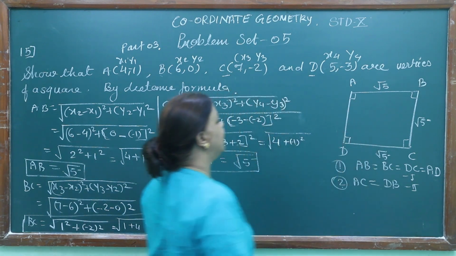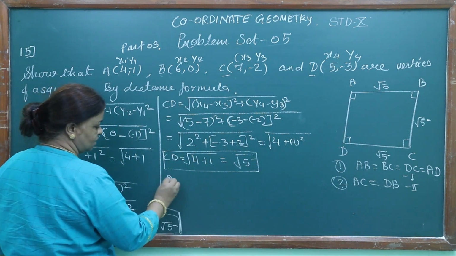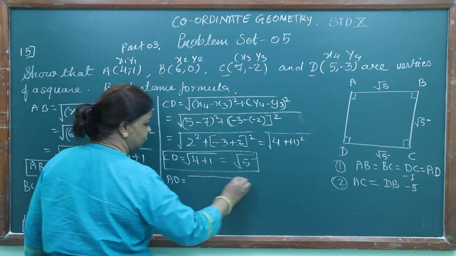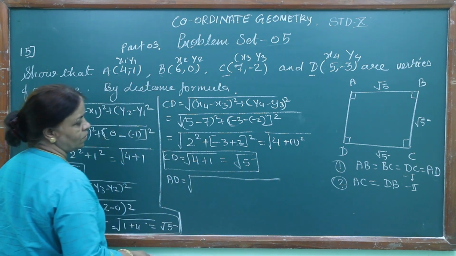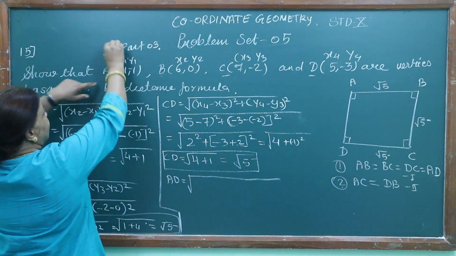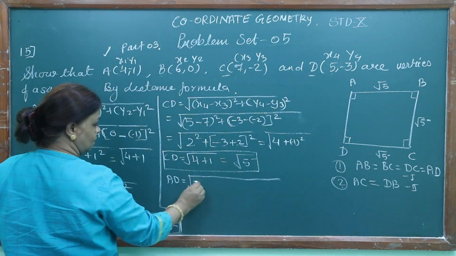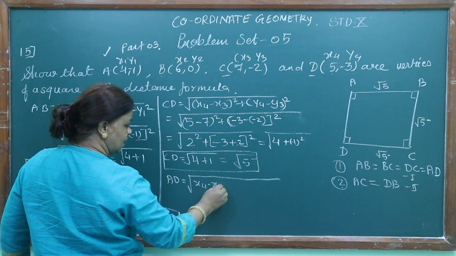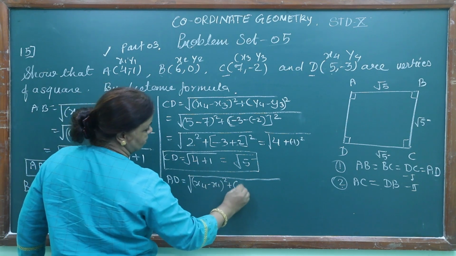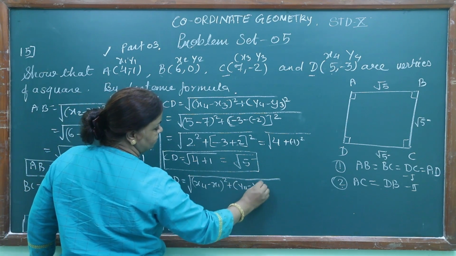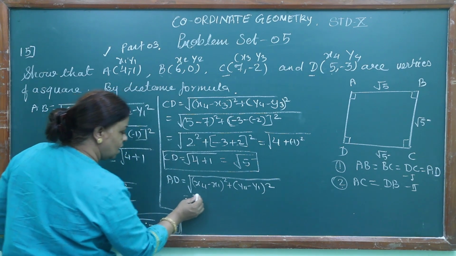Let us find AD. So by distance formula again, AD means we need to find distance between A and D. So x4 minus x1, the whole square, plus y4 minus y1, the whole square, under the root.